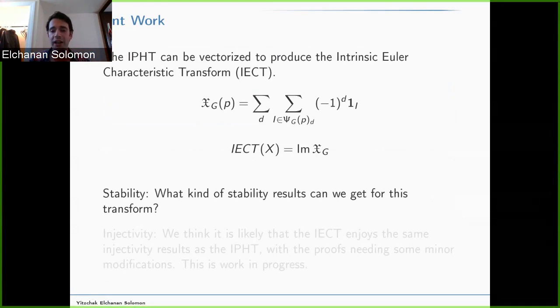So the questions are, can you get stability results? The usual kind of stability results won't exactly hold, but what kind of stability results can you get for a transform like this? The reason you won't have the usual stability results is that in the Gromov-Hausdorff sense, you can add a little loop to a graph, and it's very similar to the original graph, metrically speaking. And it doesn't matter how many loops you add. You can add literally a million, or as many as you like, tiny little loops to a graph, and you'll end up with something very close in Gromov-Hausdorff distance. And in the barcode, you get a bunch of points near the diagonal.